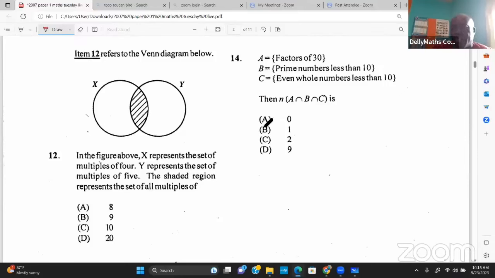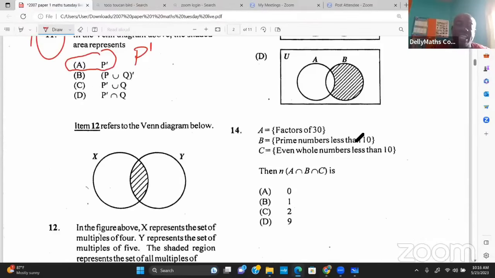Let's look at number 14. Number 14 says set A, factors of 30, B, prime numbers less than 10, and C, even numbers less than 10. And then we're going to be looking at an idea that is included in all. You could write down the factors of 30 right here.